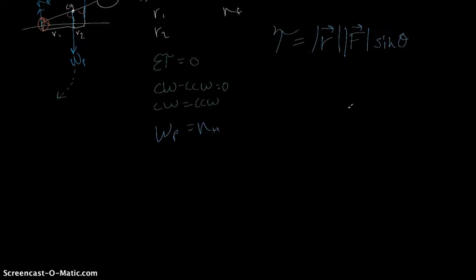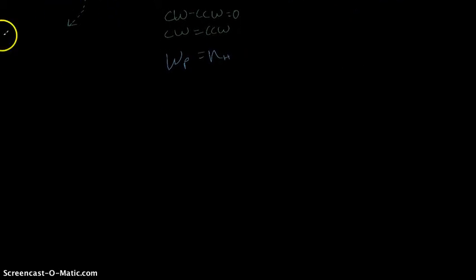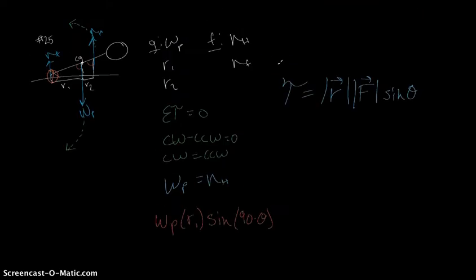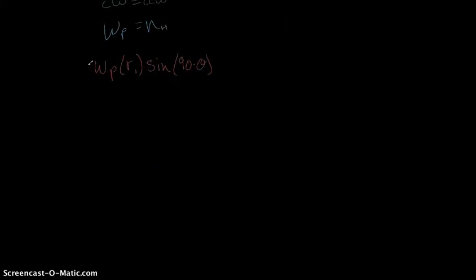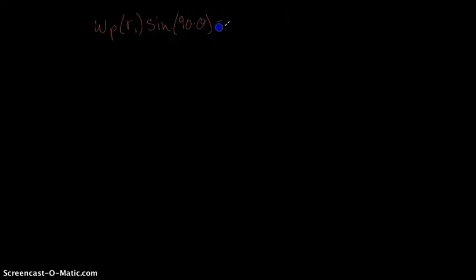Alright, so now we're going back to where we were. We're going to rewrite these each as weight of the person times R1 times sine of 90 minus theta, equals normal force of the hands times R1 plus R2 times sine of 90 minus theta again.